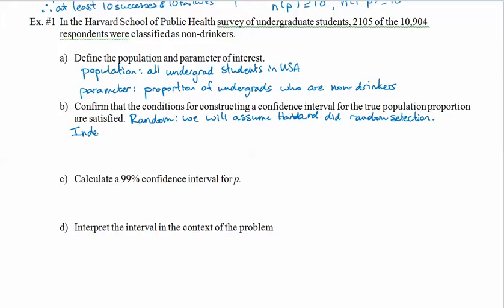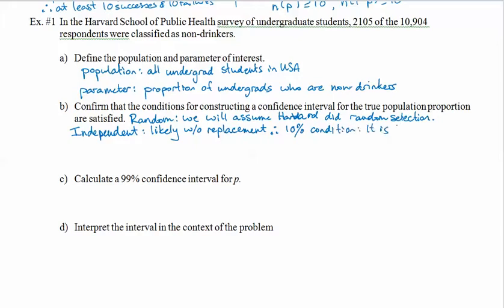So RIN, independent. So this was likely done without replacement. So therefore, the 10% rule condition applies.